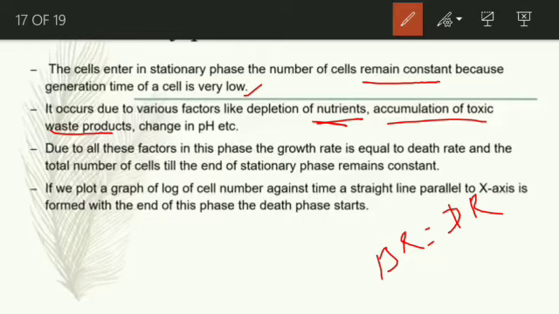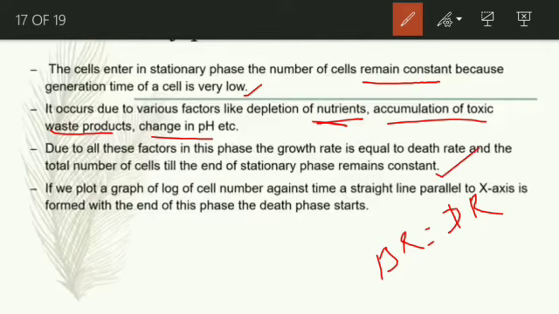Due to their toxicity, the bacteria are also affected. That is why the growth rate decreases, and sometimes the pH also changes. Due to all these factors, in this phase the growth rate is equal to the death rate, and the total number of cells till the end of the stationary phase remains constant.